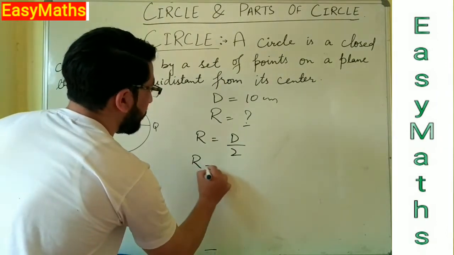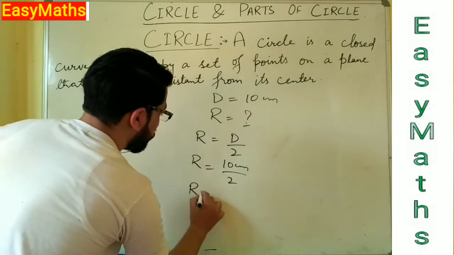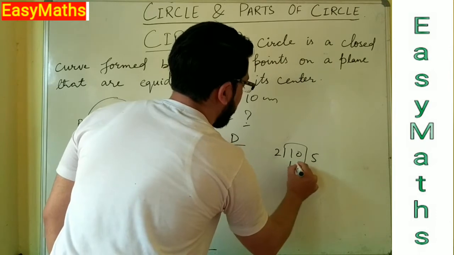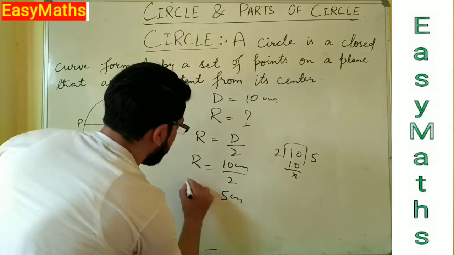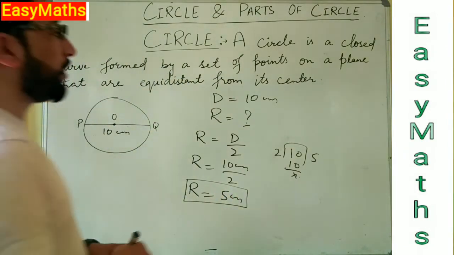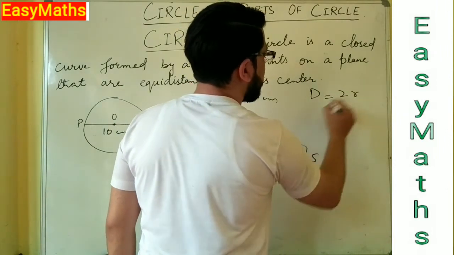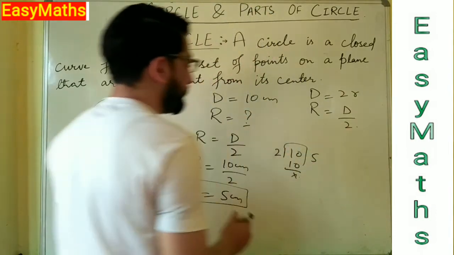So the radius will be 10 centimeters divided by 2. 2 multiplied by 5 is 10. That means the radius will be 5 centimeters. So here students, we have two formulas. First, diameter is equal to twice the radius, and radius is equal to half of the diameter.